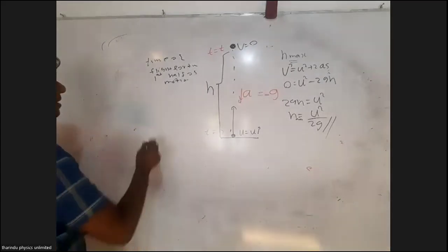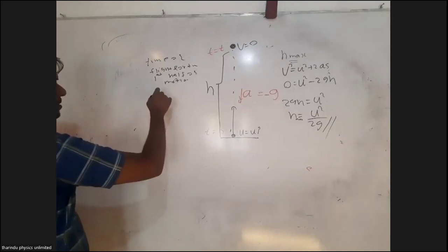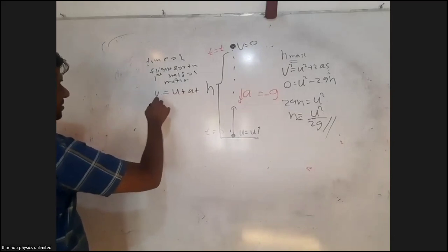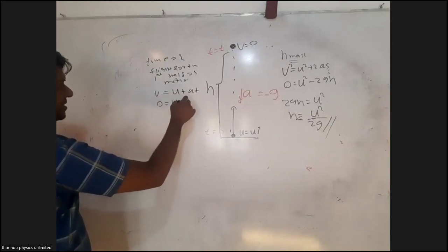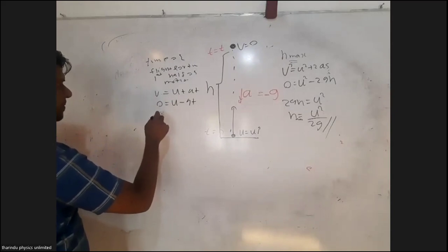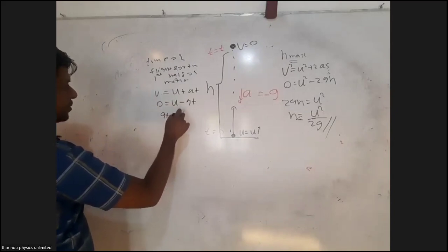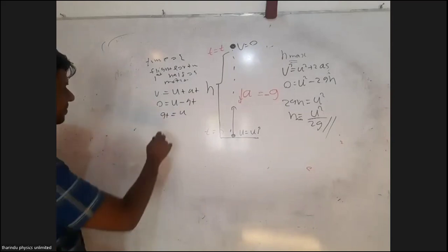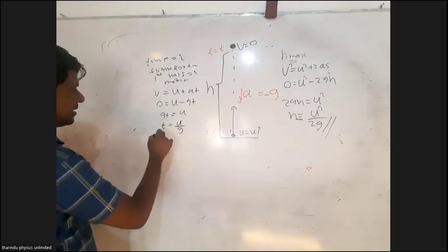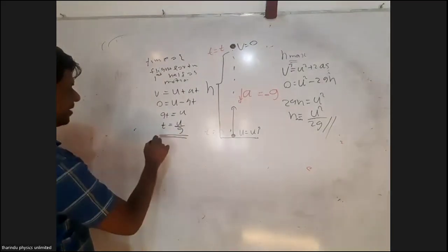We know one thing: V equals U plus AT, with V equal to 0. So 0 equals U minus GT. Here GT equals U, so T equals U over G for the upward part. Quickly copy.